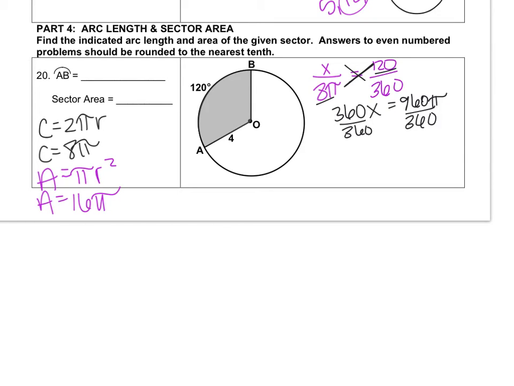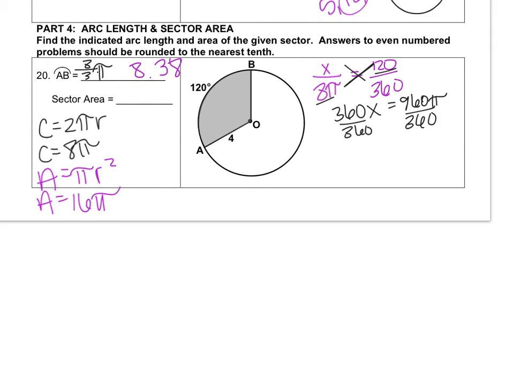Okay, you're going to get 2.6666 repeating. Do math, enter to get a decimal, or to get a fraction, and you're going to get 8 over 3 pi. If you were to put that in your calculator, 8 divided by 3 times pi, you would get an equivalence of 8.38. Okay, so either answer will work.